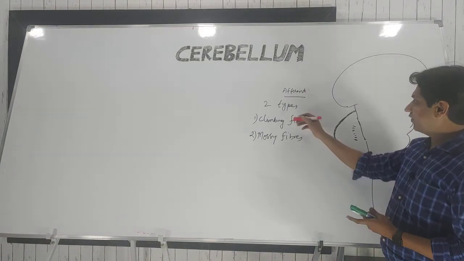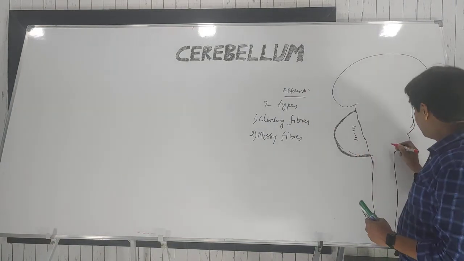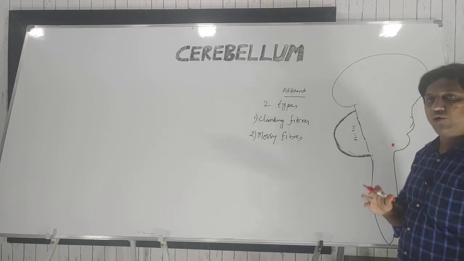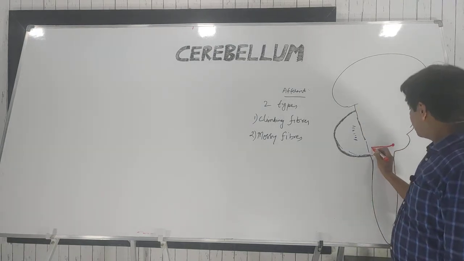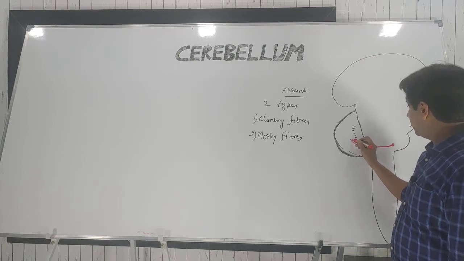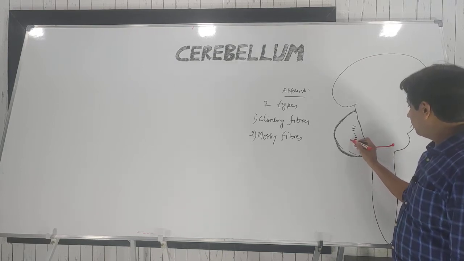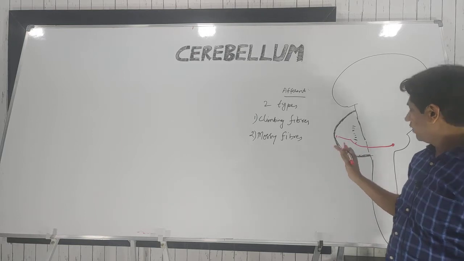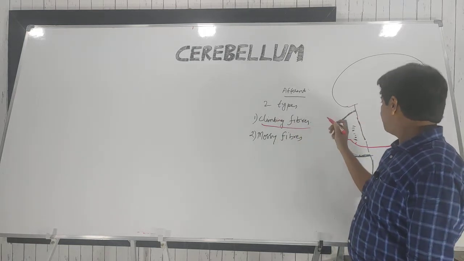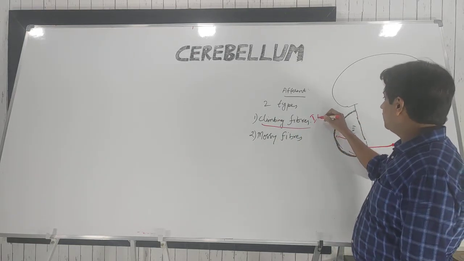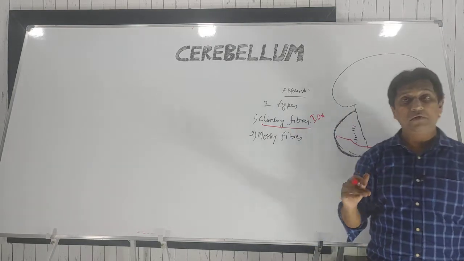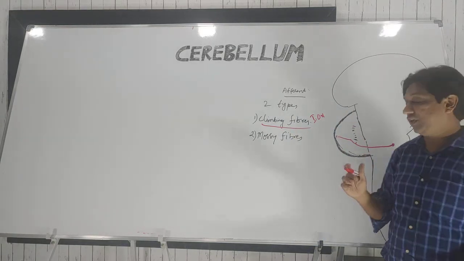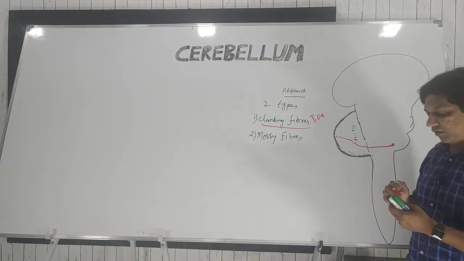Now what are climbing fibers? The fibers which come from the inferior olivary nucleus to the deep cerebellar nuclei and go to the cerebellar cortex are known as climbing fibers. So climbing fibers are the fibers which come to the cerebellum from the inferior olivary nucleus.